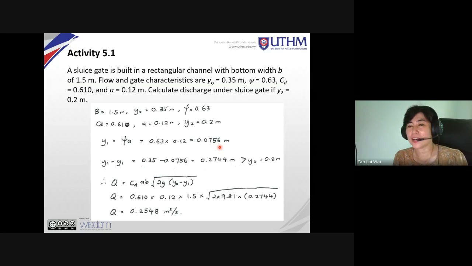You have y1, the depth just downstream of the sluice gate, which is 0.0756 meter. Now, what's the difference of y0 minus y1? 0.35 minus 0.0756, you have 0.2774. If you compare it with y2, which is 0.2 meter.